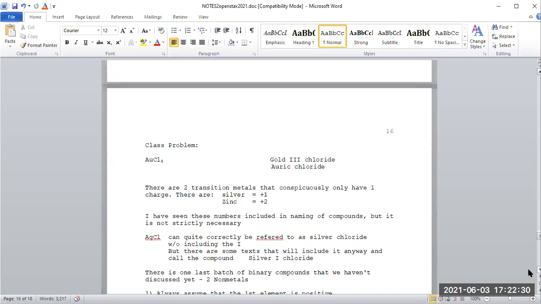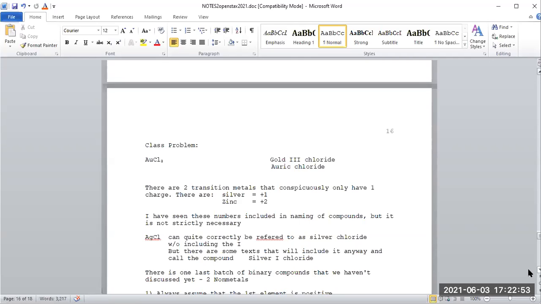But back to that whole medical community thing, if you see something labeled silver nitrate, which is often used to stop bloody noses and things like that in the ER, it's not going to be labeled silver 1 nitrate. It's just labeled silver nitrate. They don't put the Roman numerals in it.